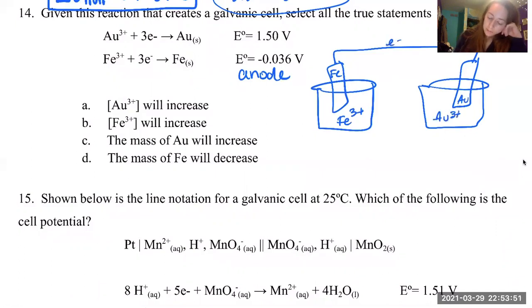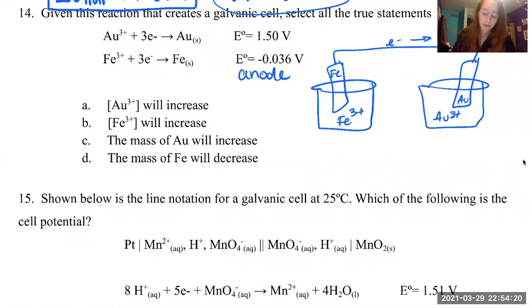Basically what's going on here, the anode will oxidize, so the iron will turn into Fe3+. So the iron solid will lose mass, while on the other side, this gold will gain mass as Au3+ reduces and turns into its solid form of Au.